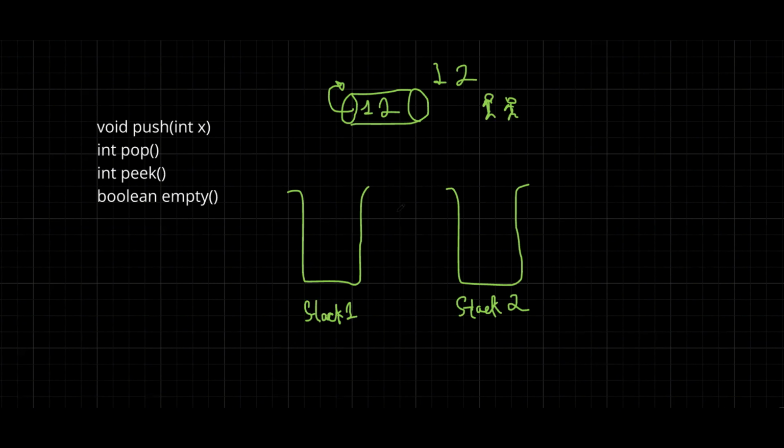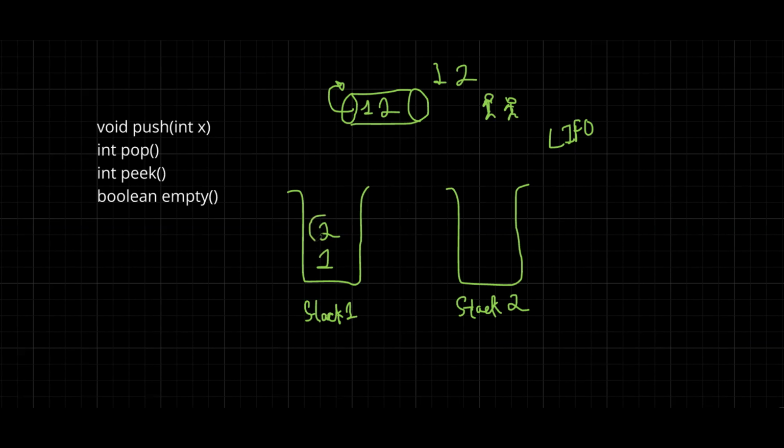But the stack is a little bit different. Here, a stack operates in last in, first out manner, which is LIFO. That means, suppose element 1 is pushed into the stack, then we push element 2. If we want to remove an element from the stack, we have to remove the element which came into the stack last.